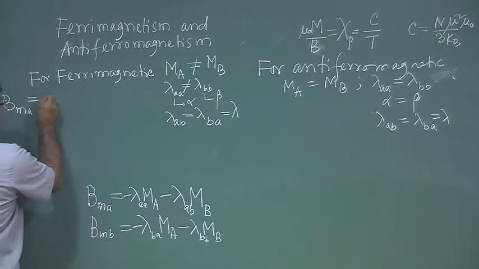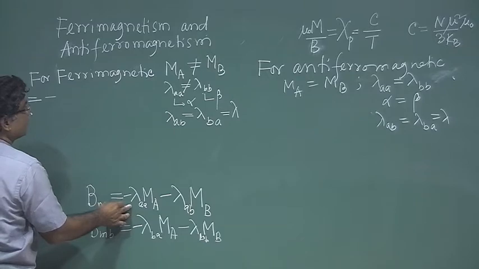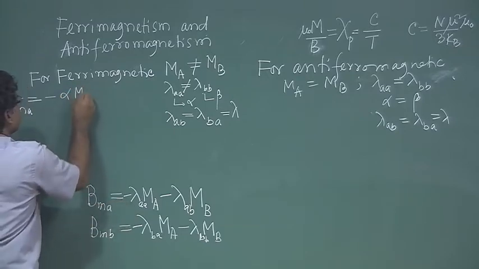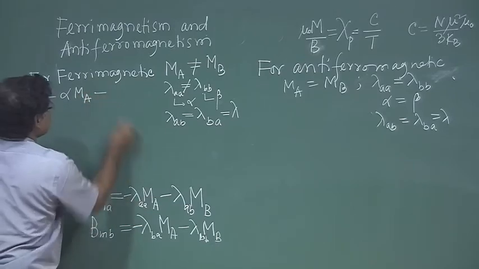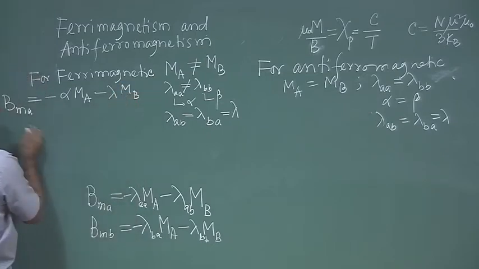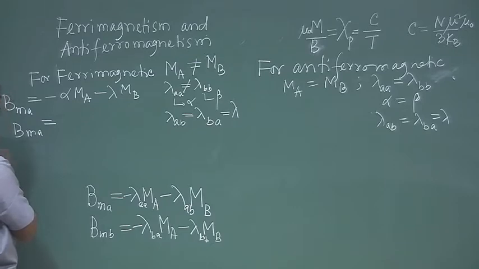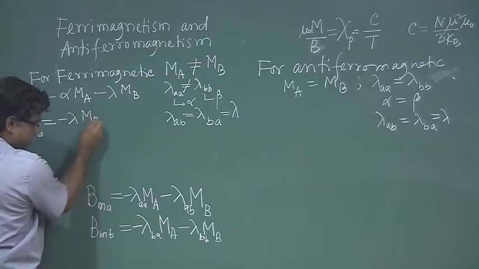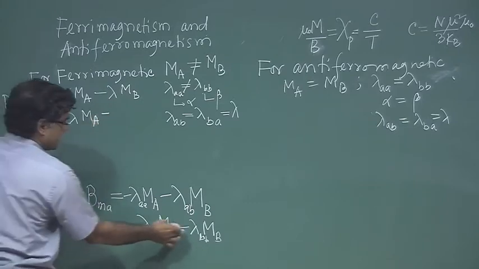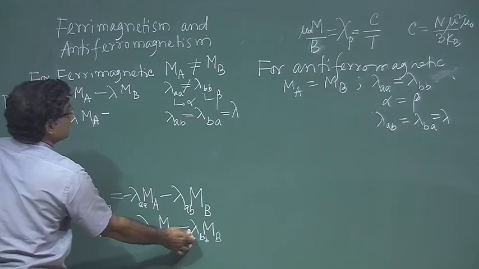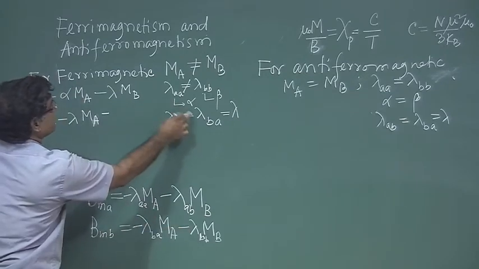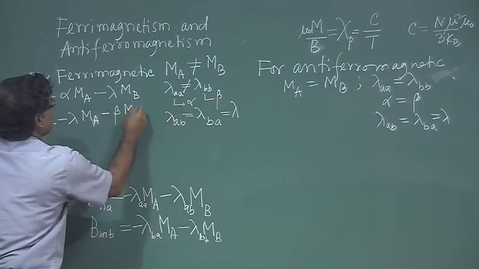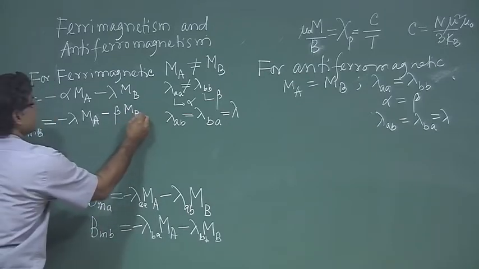So, this one will be minus alpha M A minus lambda M B, and B M A, molecular field on B side, sorry, this will be B M B. So, that will be minus lambda M A minus lambda B B, means this is beta, I have written beta. So, beta M B, okay.